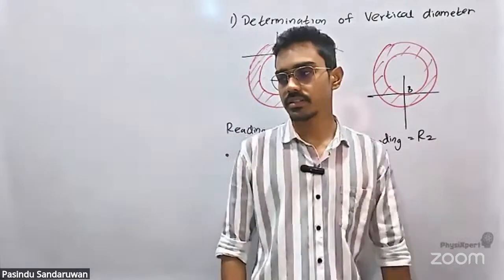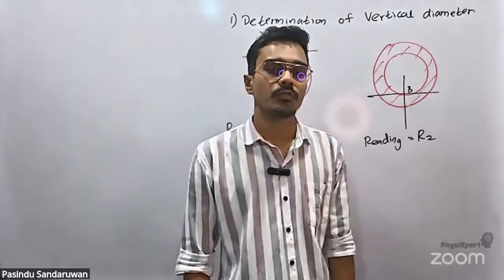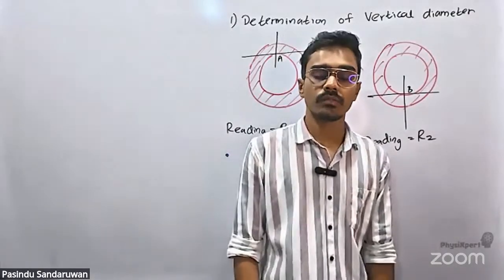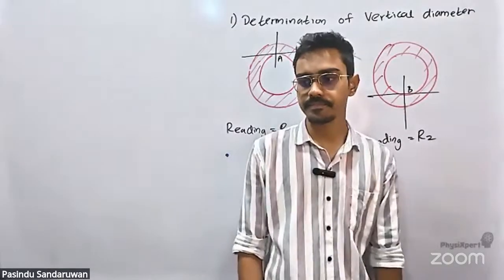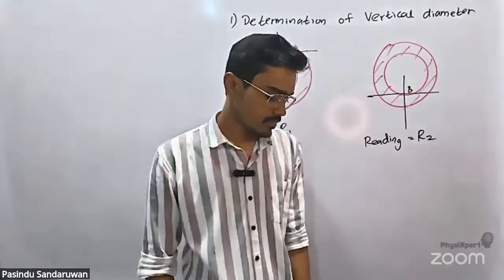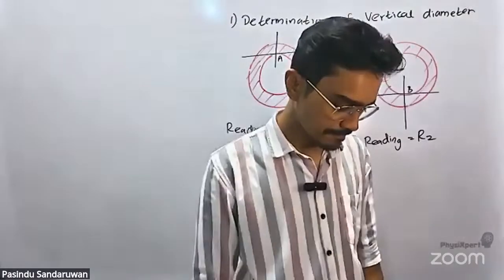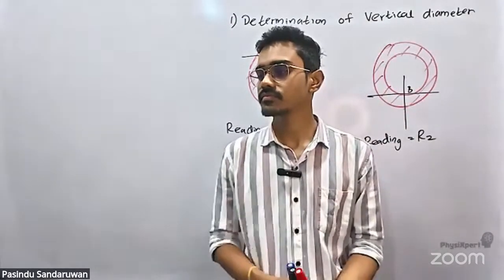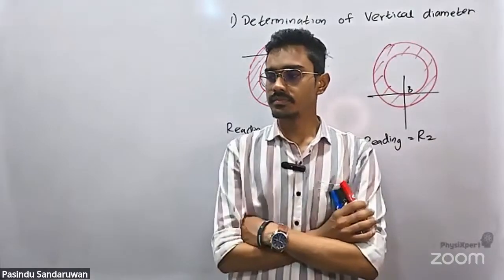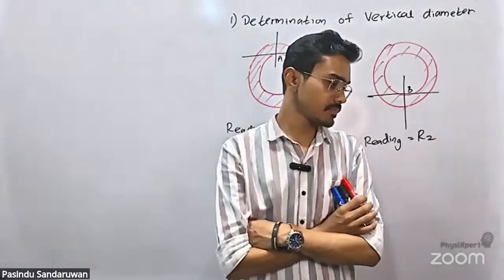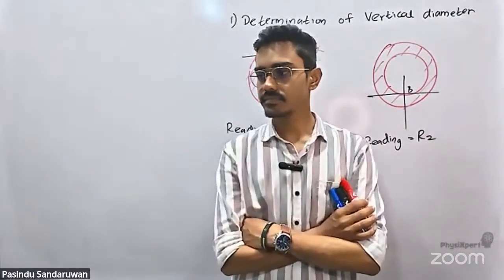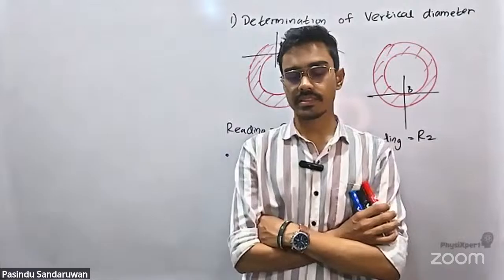Next point: vertical diameter is given by the difference between the above readings.